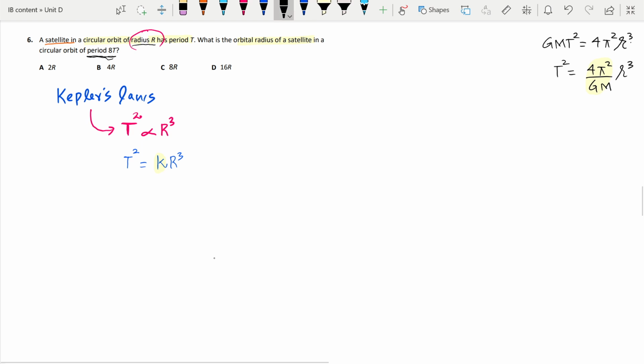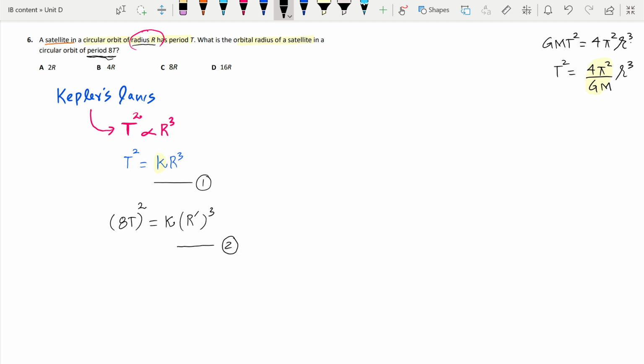Anyway, we can say this is our first equation, and when you increase the time from T to 8T, we can make another equation. So (8T) whole squared equals the constant, which remains constant, times R prime cubed. So here we have another equation.